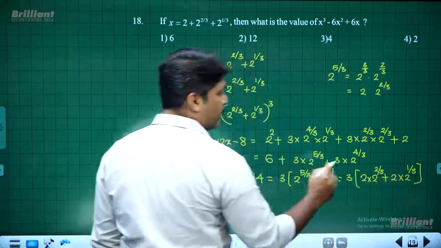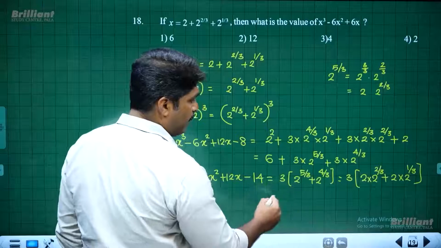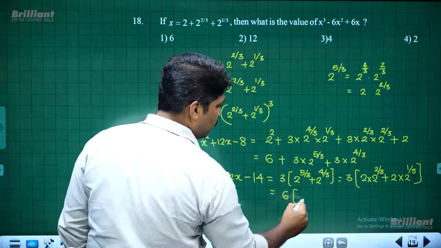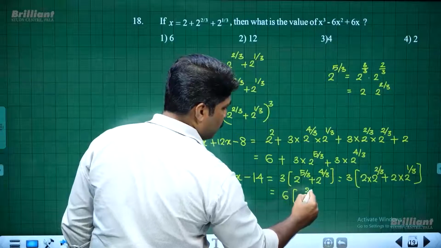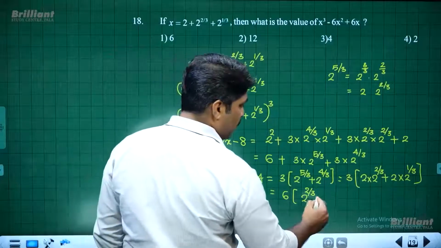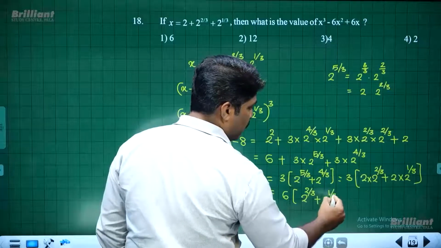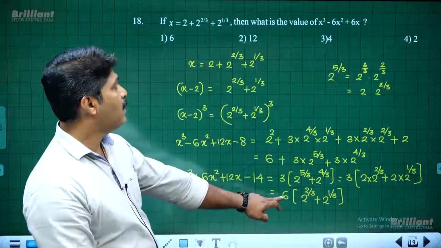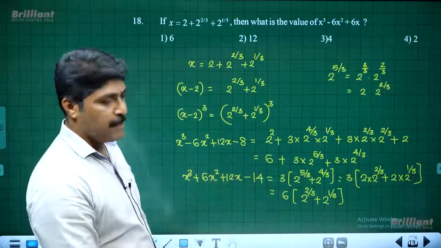So this 2 also we can take outside. Therefore that's equal to 3 into 2, 6 into, inside the bracket, 2 into 2 raised to 2 by 3 plus 2 raised to 1 by 3. Again we can take this 6 towards the left side.